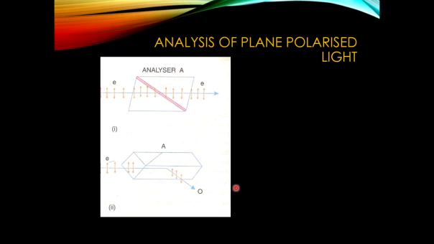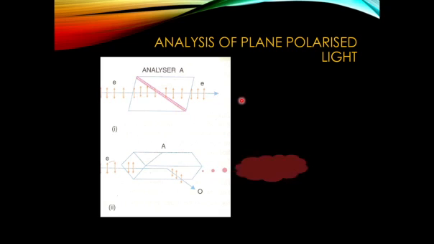So how do you analyze plane polarized light? If you have plane polarized light incident on an analyzer, and the plane of transmission of the analyzer is parallel to the polarization of the incident light, then what do you expect?